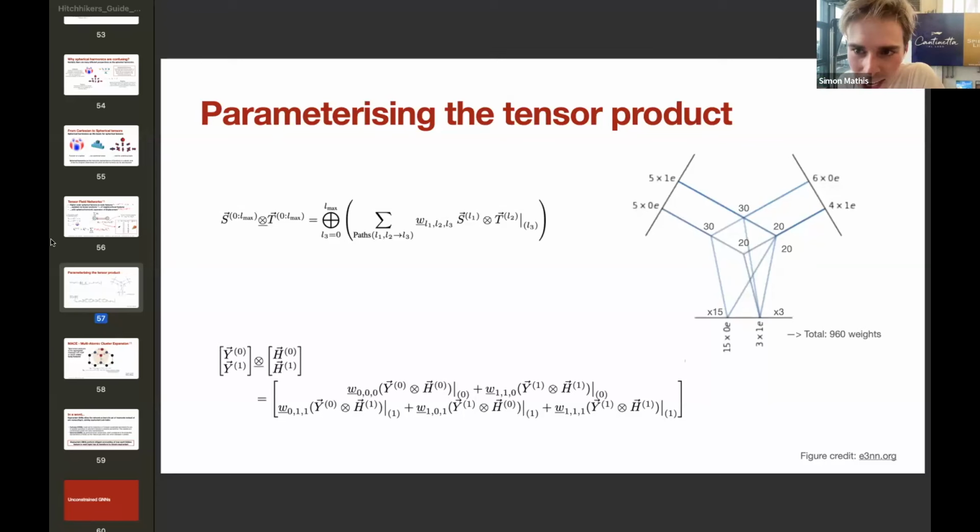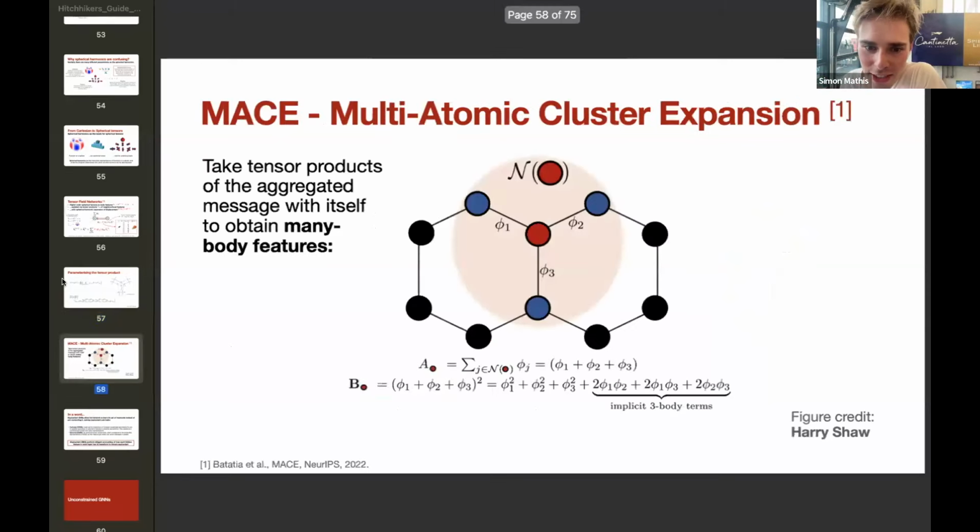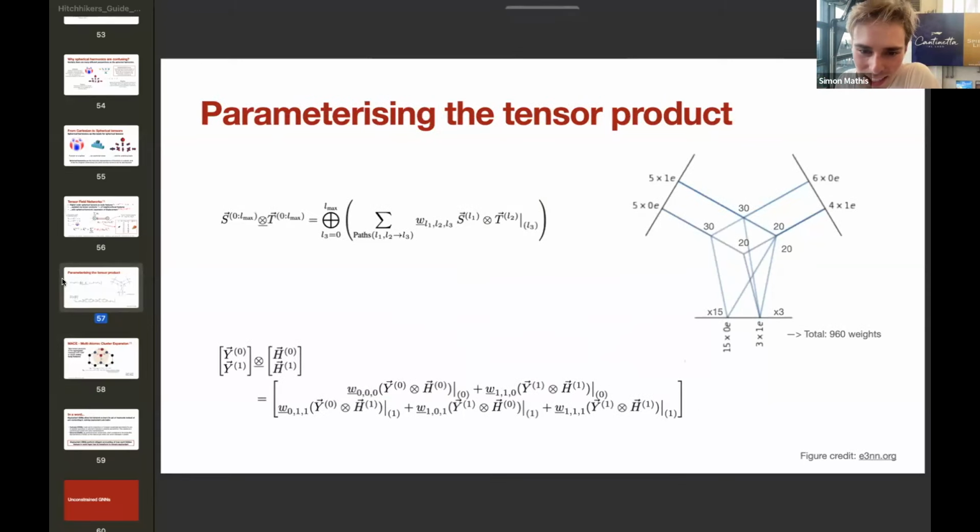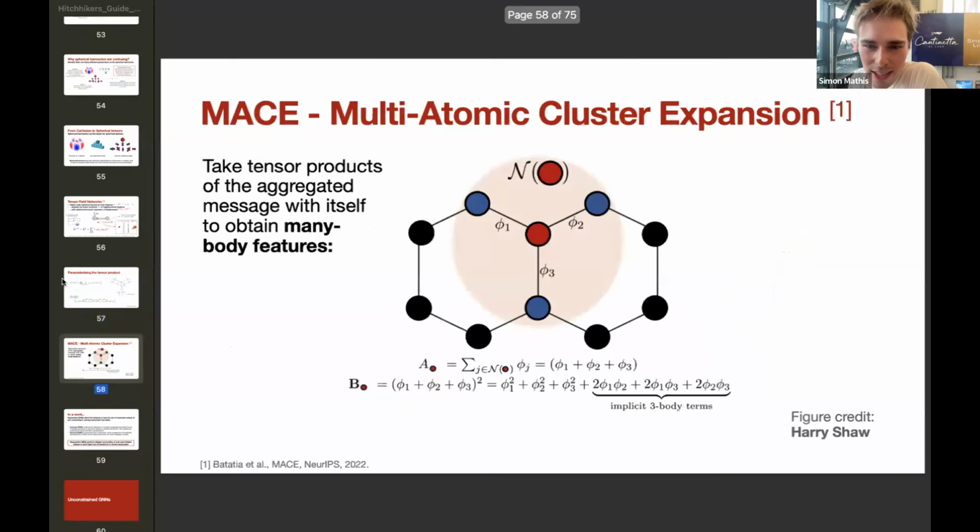And as the very last point on the equivariant section, I just wanted to say there are many more ways in which people make this more complex. On the next slide, you can see, for example, MACE, which is a very popular and very effective model built on equivariant GNN ideas.